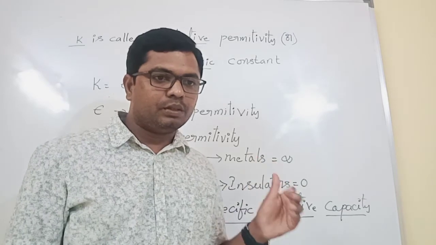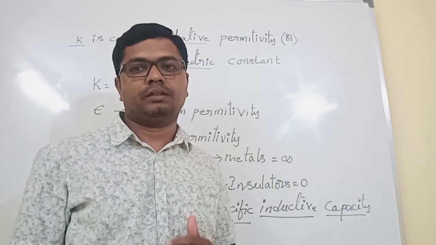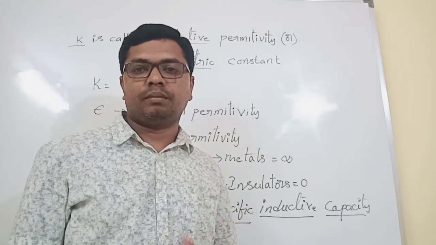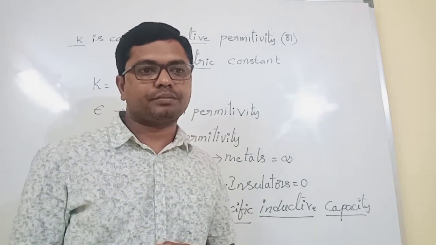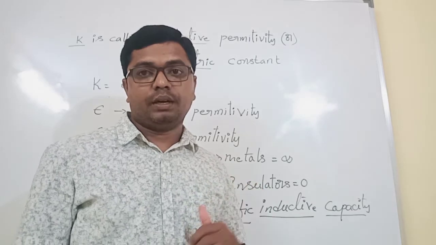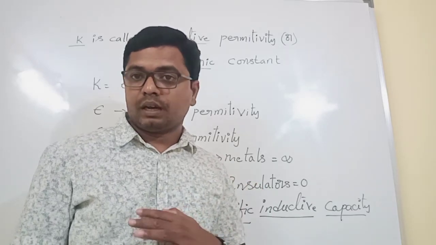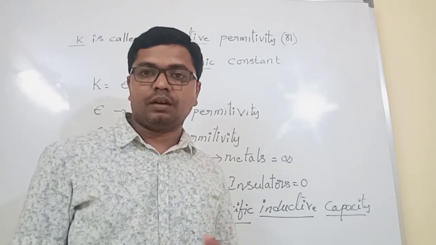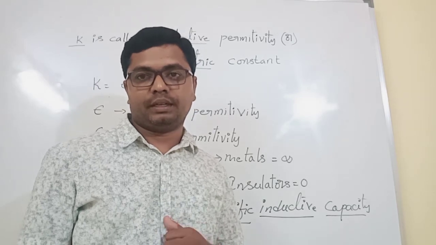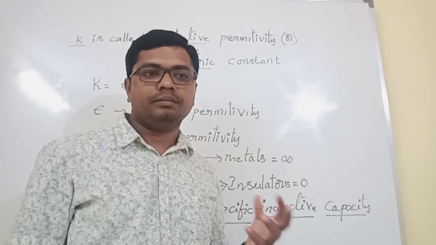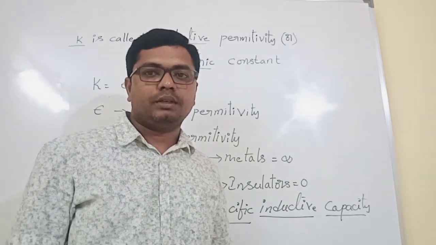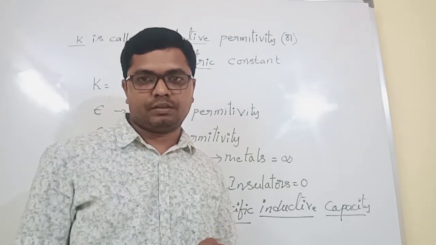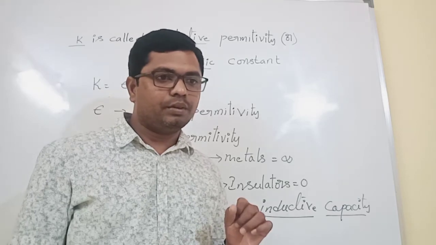If I talk about the conductors or the metals, they have a large number of free electrons. I hope you have an idea from the d block elements. All the metals are not d block elements, but all d block elements are metals. Metals have a larger atomic number, which is why IP values are very low for metals.